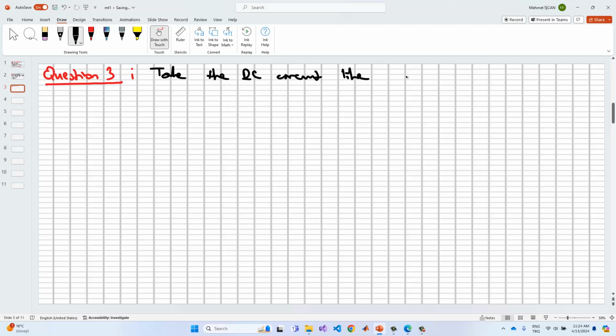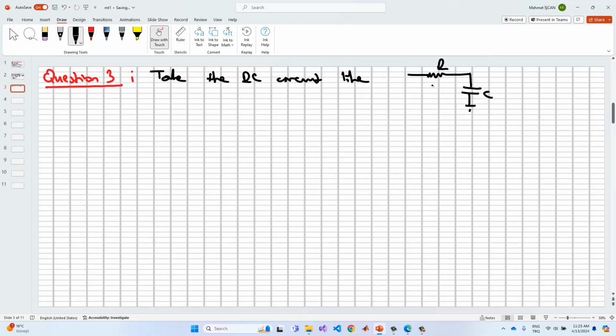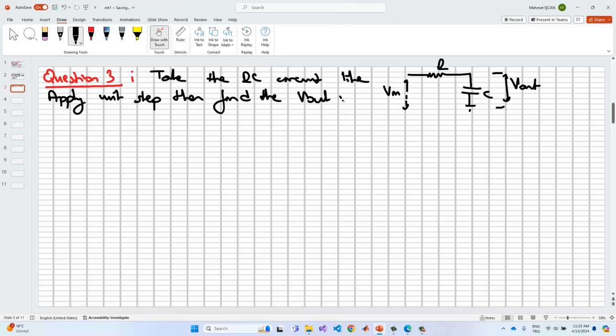We can draw the RC circuit like this, with one resistance R and one capacitance C. We apply V in and take the output V out, and apply the unit step to this signal, and then find the V out solution using the convolution integral.